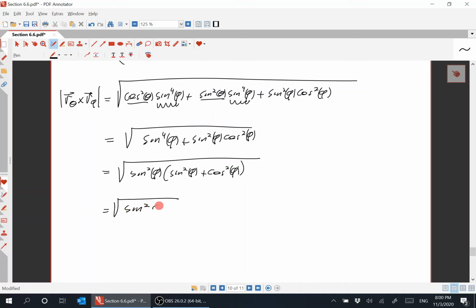Square root of sine squared phi is just the absolute value of sine of phi.